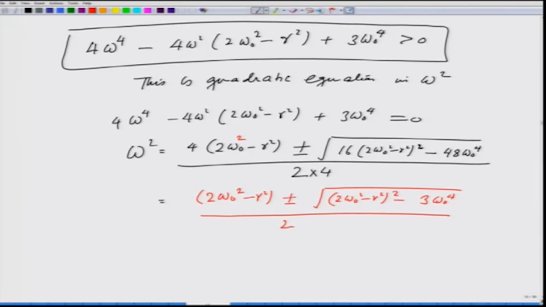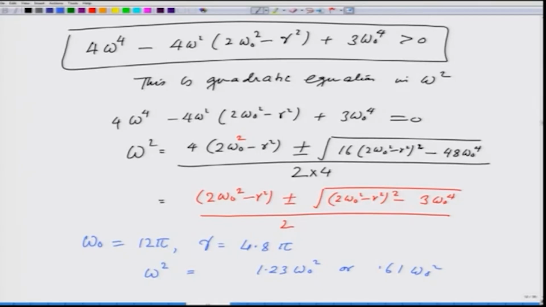And we are now given that omega 0 is 12 pi, gamma is 4.8 pi, and if you put these numbers in, you get omega square is equal to either 1.23 omega 0 square or 0.61 omega 0 square.